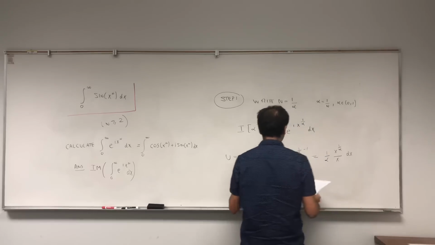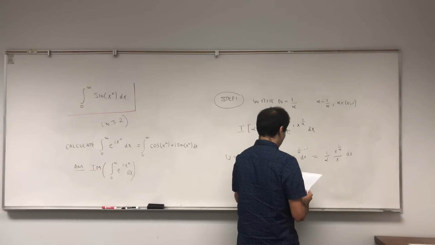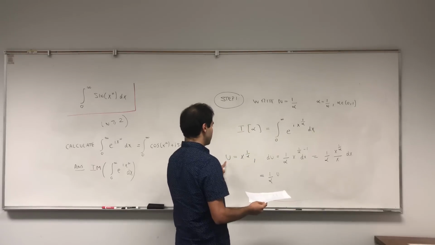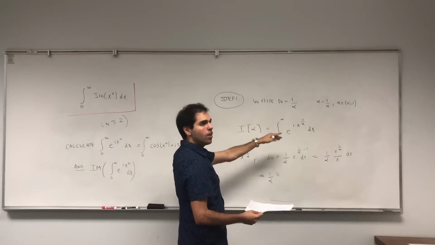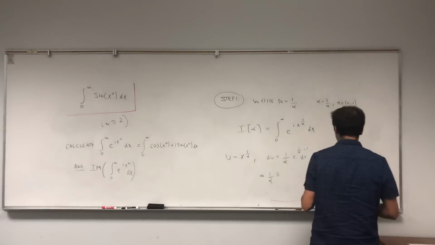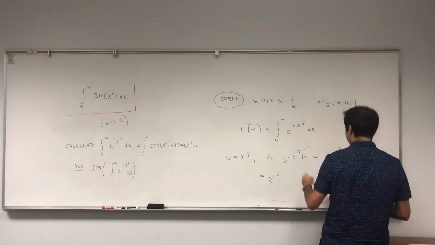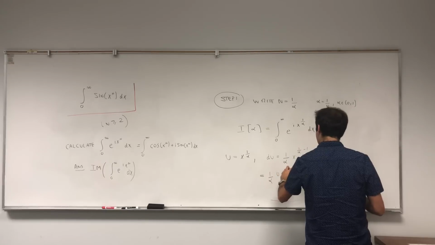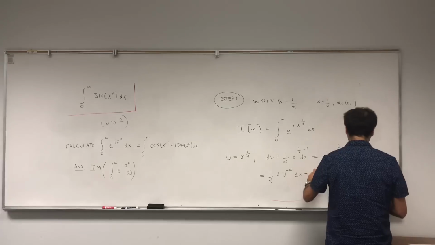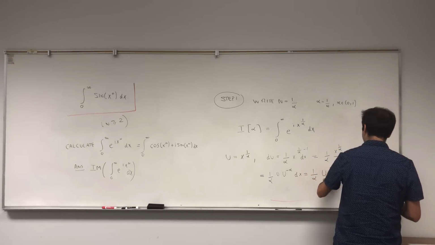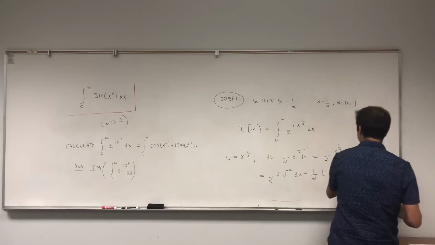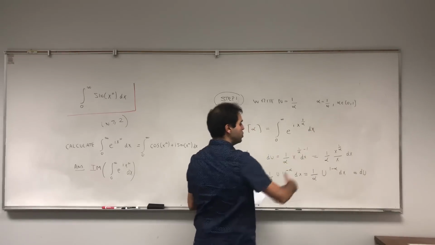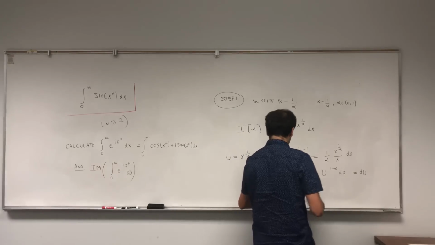But x to the 1 over alpha is u, so 1 over alpha u, and x is just u to the alpha, so 1 over x is u to the minus alpha. That becomes 1 over alpha u to the 1 minus alpha dx, and this is du. So to get dx, it's alpha u to the alpha minus 1 du.